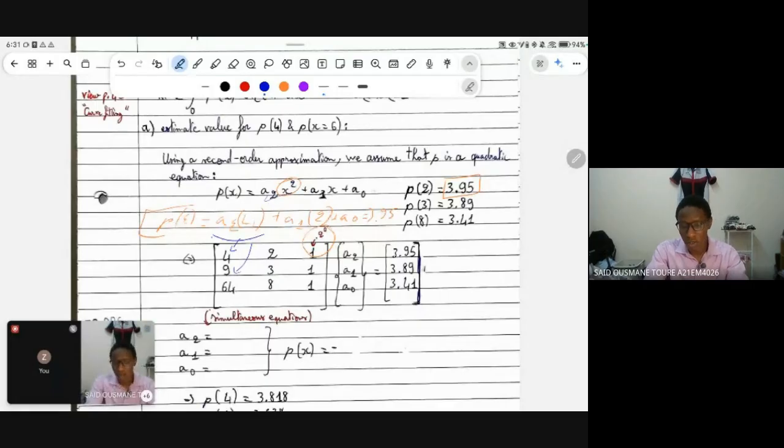So you have 3 square, 3 here, and 3 to the power of 0 is 1. Same goes for number 8. So you take 8 square, you have here a1x and 1. The results are already here. You know what row of 8 is, so you just put it here.